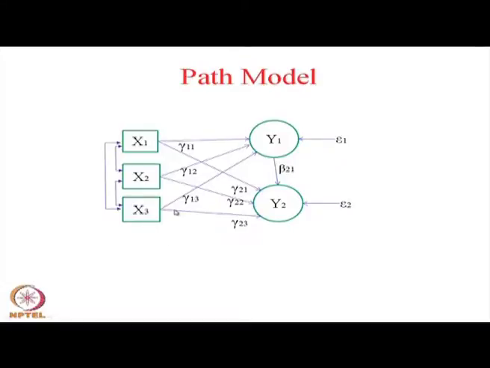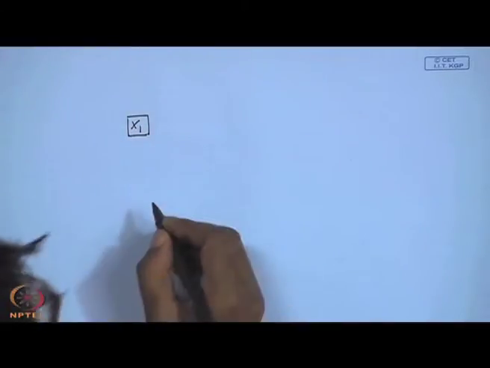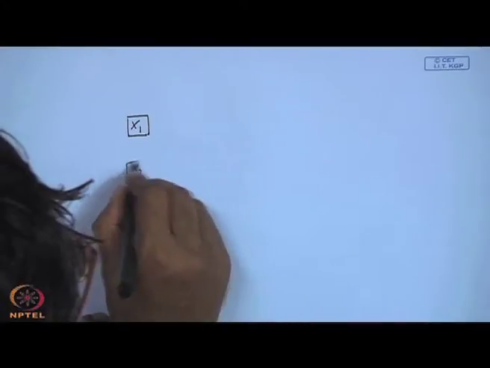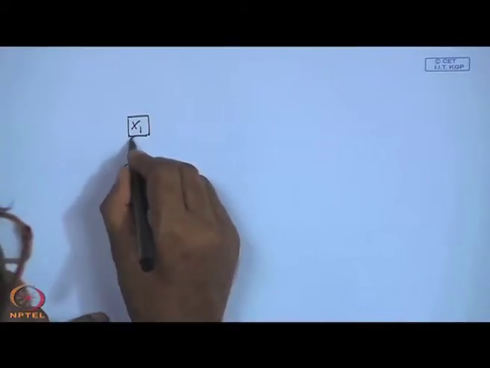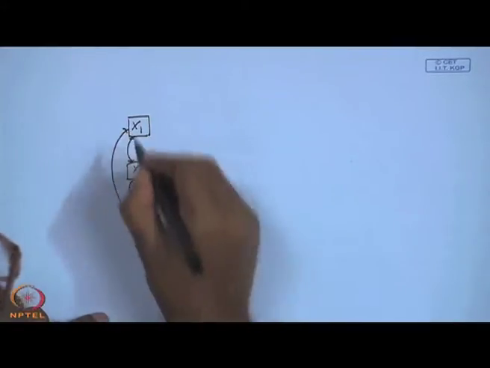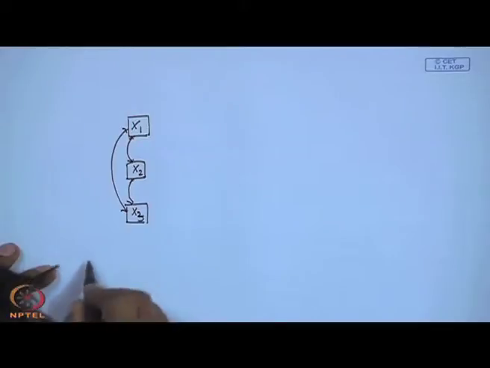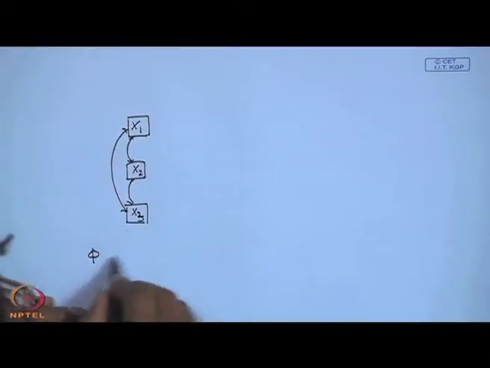Okay. Now, let us see the equation for this path model. We are deriving the equation for the given path model like this: x1 is an independent variable in this model, but correlated with other independent variables. This correlation can be captured through a matrix which is phi, a 3 by 3 matrix.